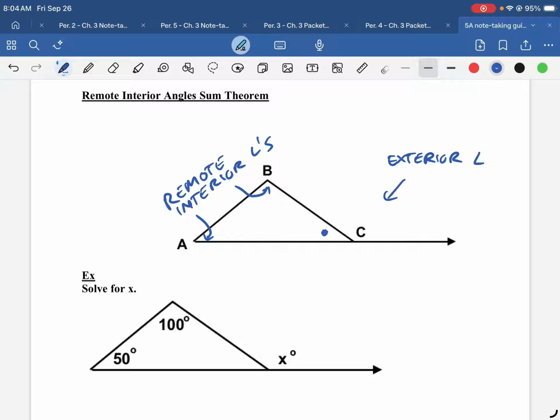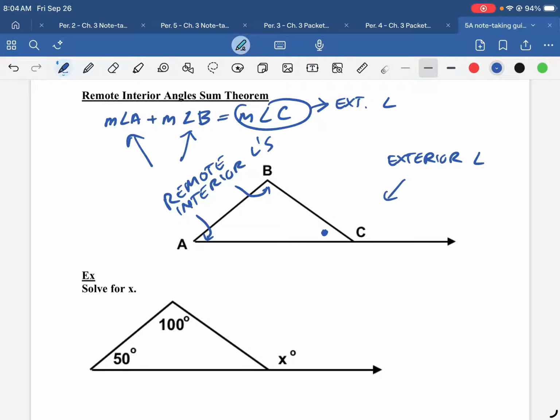It says that if you take the sum of the two remote interior angles, so in this case that would be angle A and angle B, so if I add up the measure of those two angles, it's going to be equal to the measure of the exterior angle, okay? So, yeah, these would be my remote interiors here, and then this would be the exterior angle.